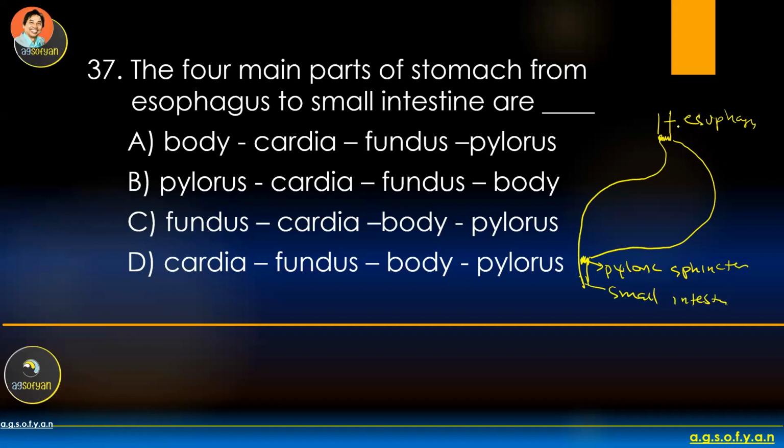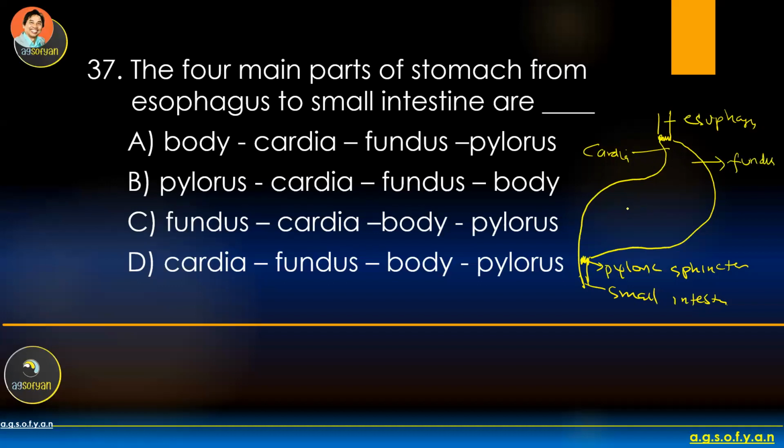Okay, so between the esophagus and small intestine, the stomach has four parts. The closest one to the esophagus is called the cardia. And then behind the cardia, there is an area called the fundus.